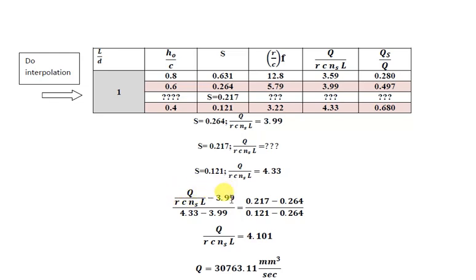So intermediate value minus upper value, over lower value minus upper value, for this corresponding factor, is equal to S intermediate minus upper, again over lower minus upper, and we find the corresponding Q upon RCNSL, which is equal to 4.101.